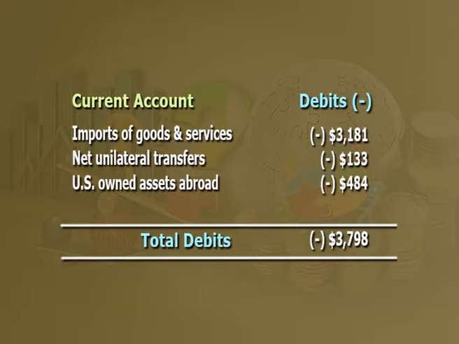The overall debits are a sum of negative $3,181 billion of the US import of goods and services and income, negative $133 billion for the net unilateral transfers, minus $1 billion net capital account balance, and minus $484 billion net increase in US owned assets abroad, for an overall debit total of minus $3,798 billion.